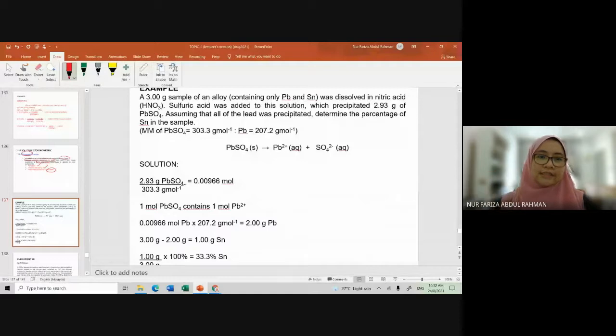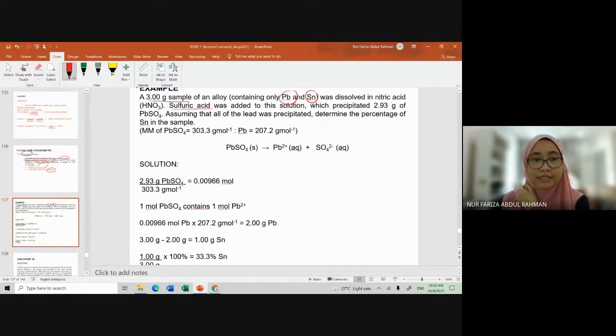This is the example with respect to the reaction just now. We have a gram sample containing lead and tin, and we have sulfuric acid also. This is the solution that we are using, and also Pb.